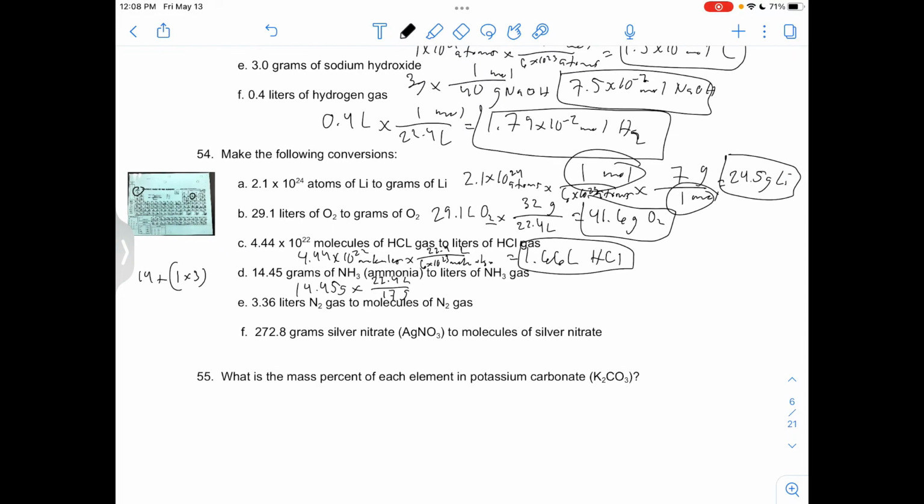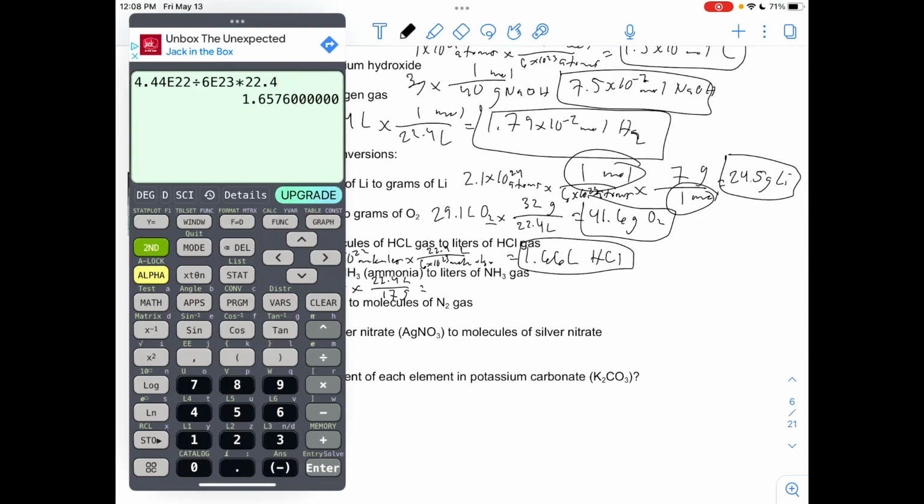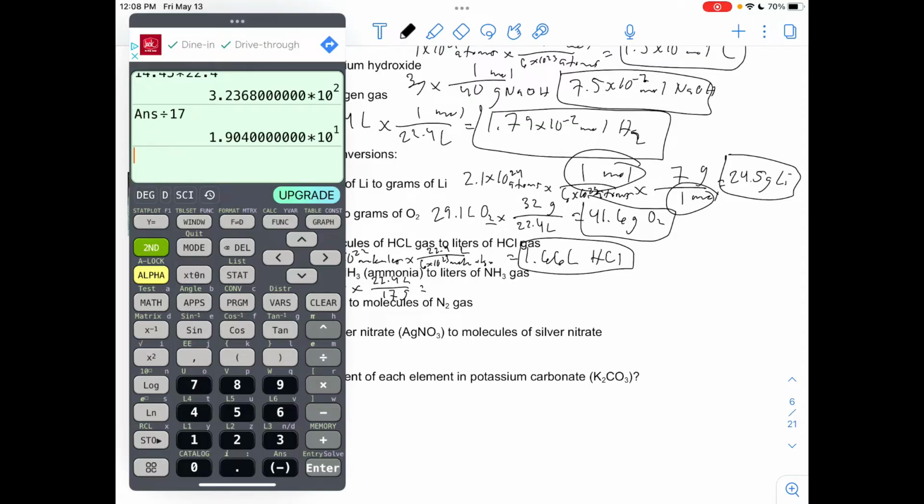There's 3 hydrogens, so 17. That's going to be equal to 14.45 times 22.4 divided by 17, which is 19.043.